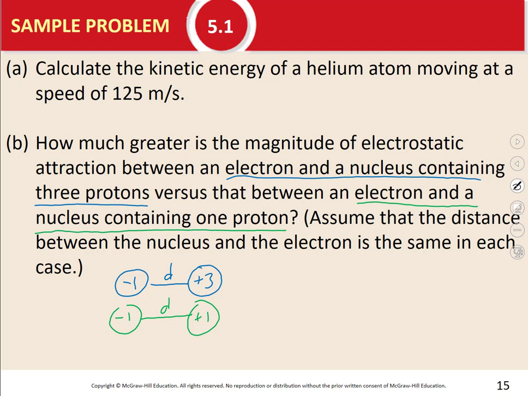So let's look at our equation for electrostatic attraction. Electrostatic attraction is proportional to the product of the two charges, Q1 times Q2, divided by the distance. One more word I want to point out here, and that's the word right here, magnitude. What does magnitude mean?